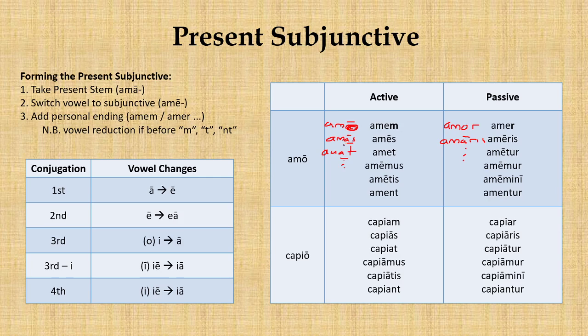So essentially what happens with the subjunctive is, and it's really kind of a beautiful and interesting thing that happens across the language, we just have a vowel shift. And this is very consistent across the various conjugations as well.